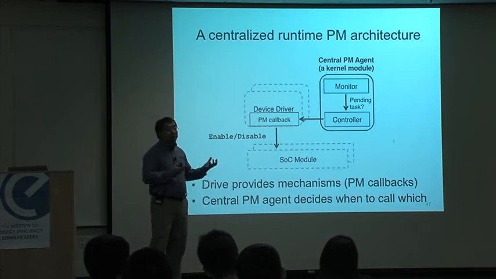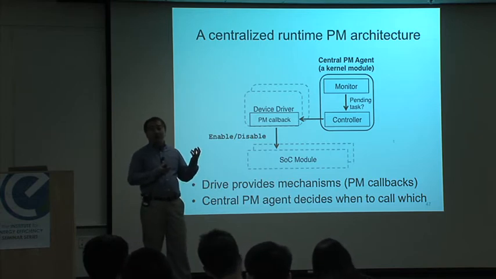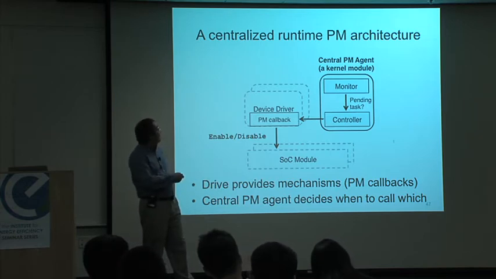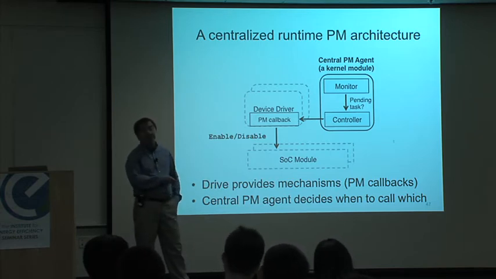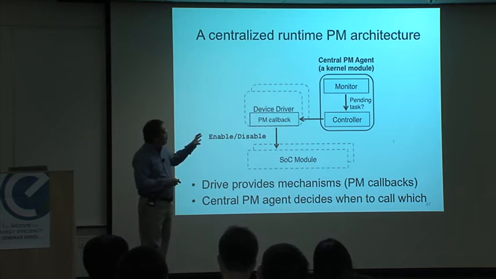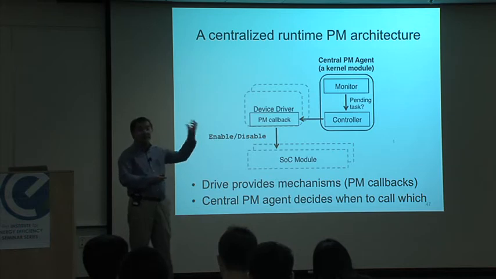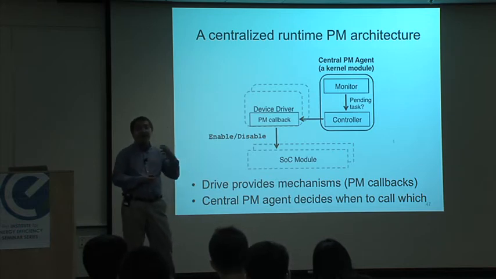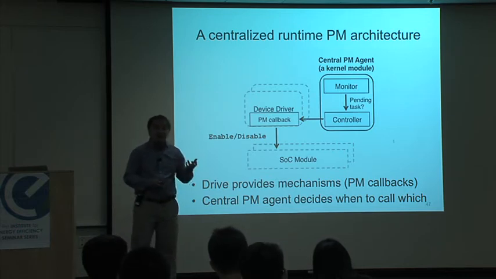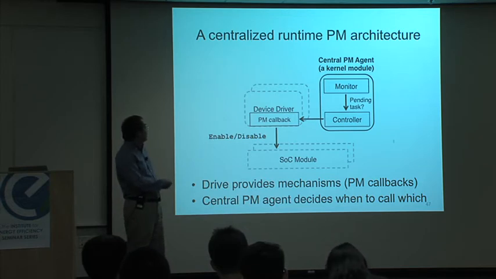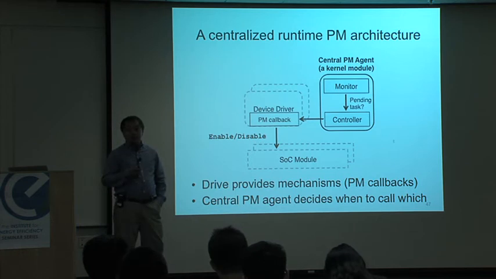But when and which function to call is decided by this central power management agent, which is a kernel module with two parts, monitor and controller. The monitor does all the register access monitoring to infer if there are pending tasks. If there are no pending tasks, it tells the controller to call the right callbacks to disable or enable the module. Okay.